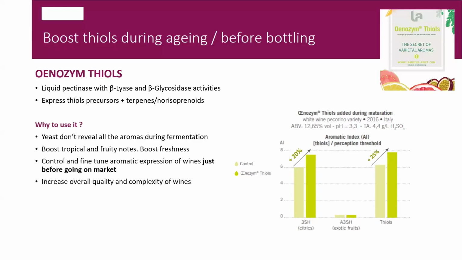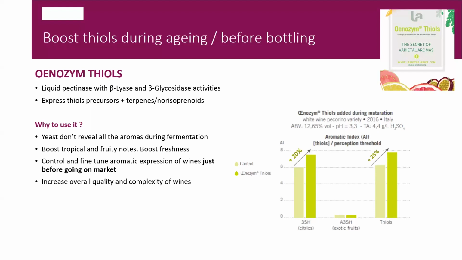So why use the enzyme Thiols? First, to just boost more tropical and fruity notes, but also overall complexity. For white wines and rosé, more fruity characters and tropical notes, and for red wines, usually it gives more intensity in the red fruits and a little bit more freshness.